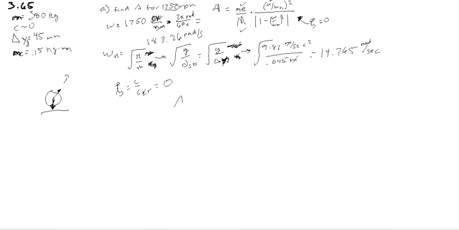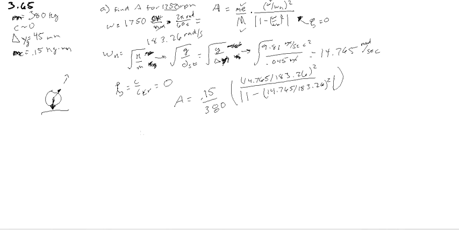Alright, so A equals 0.15 divided by 380 times 14.765 divided by 183.26 squared, over the absolute value of 1 minus 14.765 divided by 183.26 squared. The absolute value is not going to be an issue because this ratio is way smaller than 1.